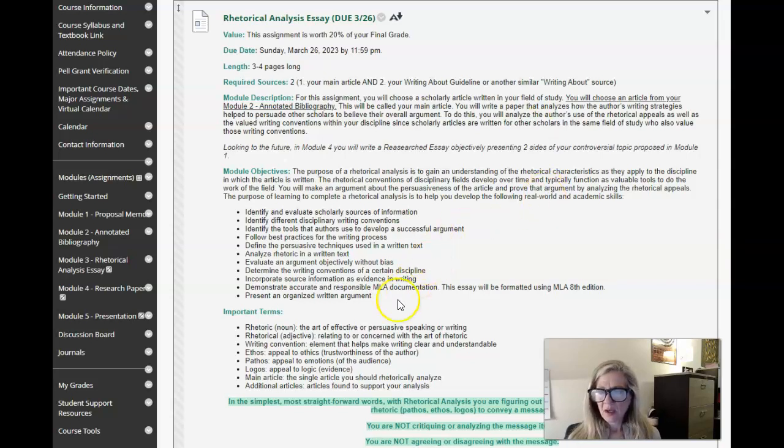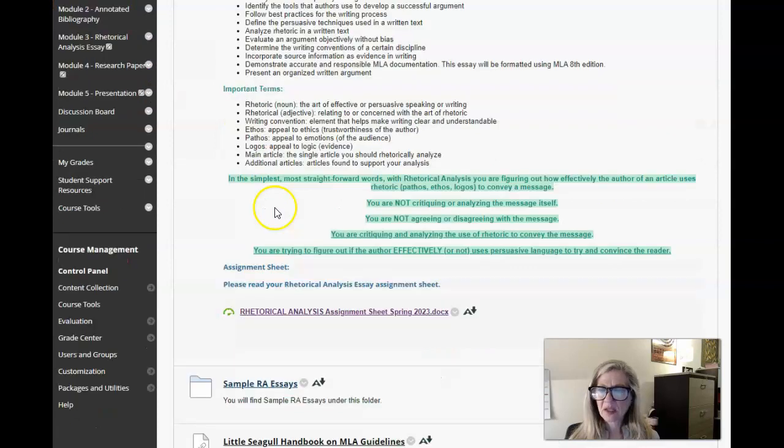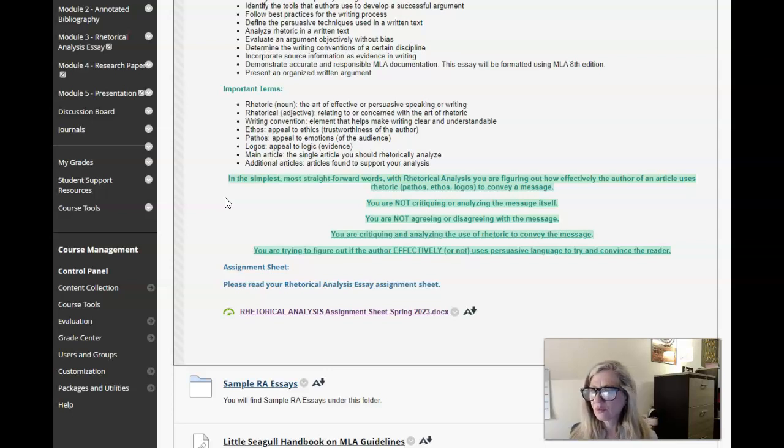So, skipping down to this section that I have highlighted down here, you need to read this carefully. So in the simplest, most straightforward words, with rhetorical analysis, you're figuring out how effectively the author of an article uses rhetoric, that's pathos, ethos, and logos specifically, to convey a message. You are not critiquing the message.